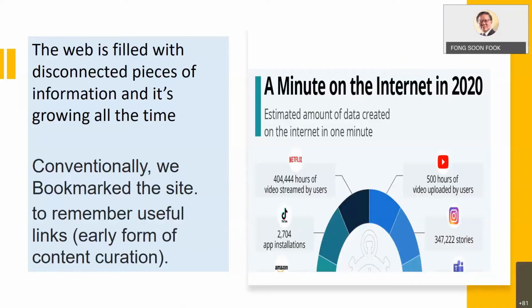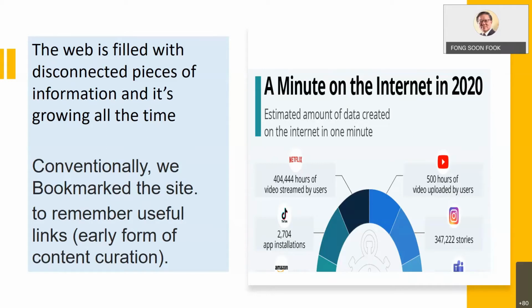Now there is a problem. To look for content online, we know that the internet is filled with disconnected pieces of information. It's growing all the time. As you can see, just in 2020, the amount of information has exploded. So conventionally, when we look for a particular material, we would bookmark it, or copy down the link and put it somewhere in your PowerPoint or Word so that you can refer to it later.